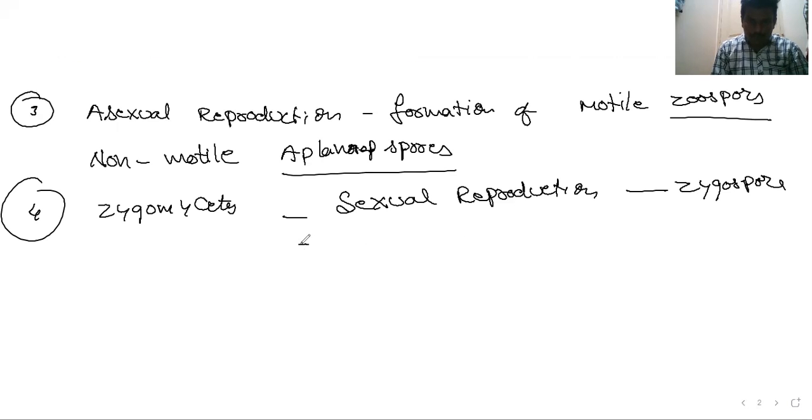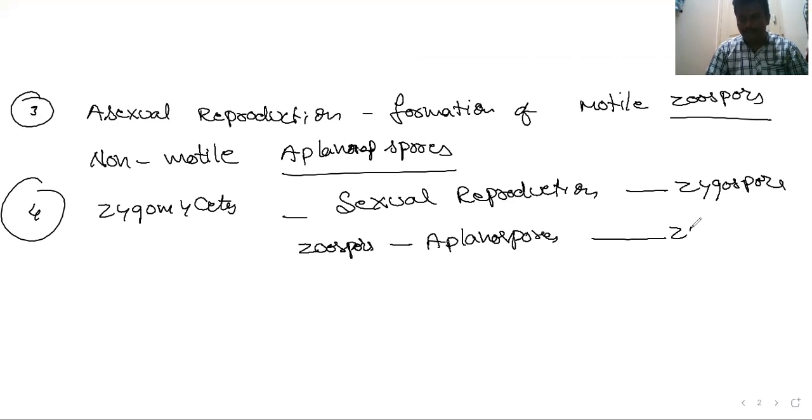So how is zygospore formed? The motile zoospores and non-motile aplanospores both will be fused with each other and form zygospore. This zygospore is in a diploid state. That is why it is called zygomycetes. Okay, that's all.